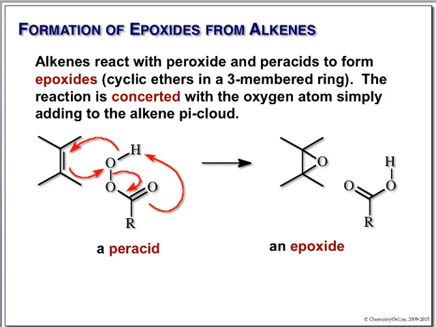Oxygen goes over, this comes out as the carboxylic acid, and again, magically, we have the epoxide and just left over carboxylic acid. Don't have to worry about the mechanism, it's magic. But again, the oxygen is just inserted into the alkene pi system.